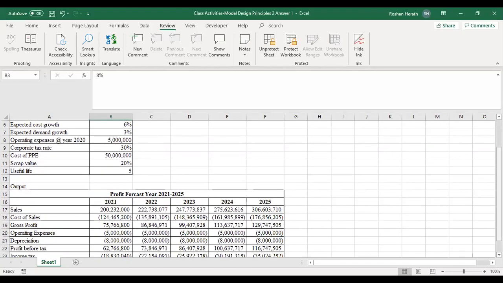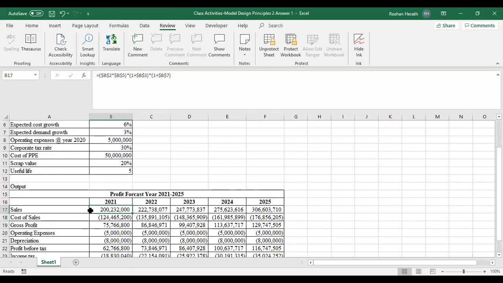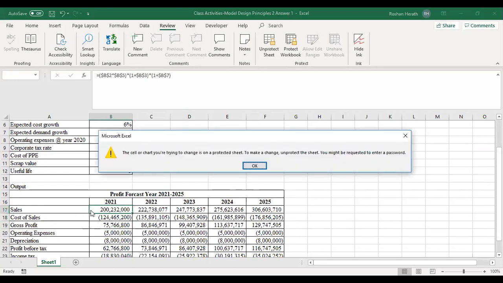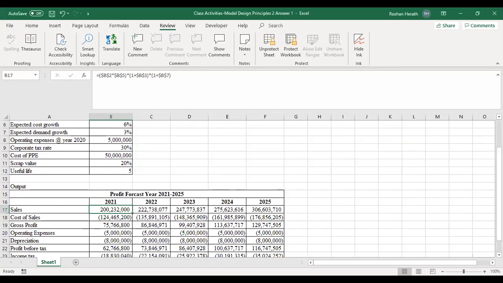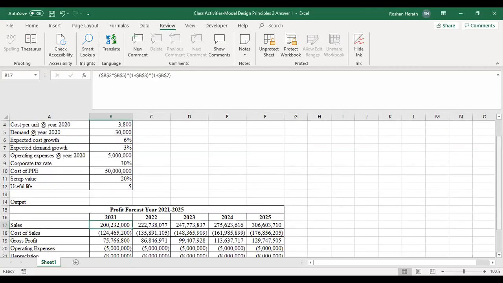And let's say the user tries to type something in the output area. Let's see whether he's allowed. Let's say you want to manipulate the sales figure. If you try to type something, no, you are not allowed. The protection is applied. This is especially important in some instances. By mistake, when users operate the model, things can be typed in the output area.